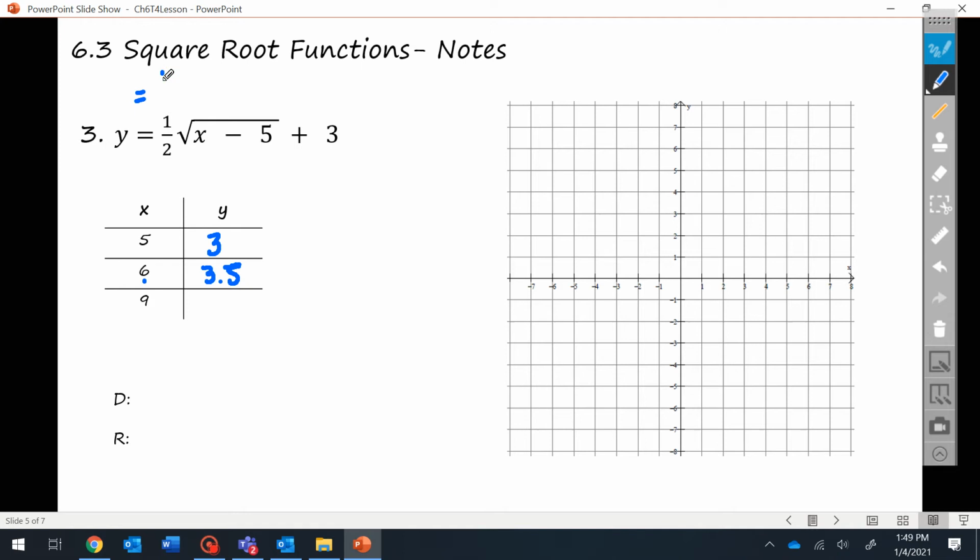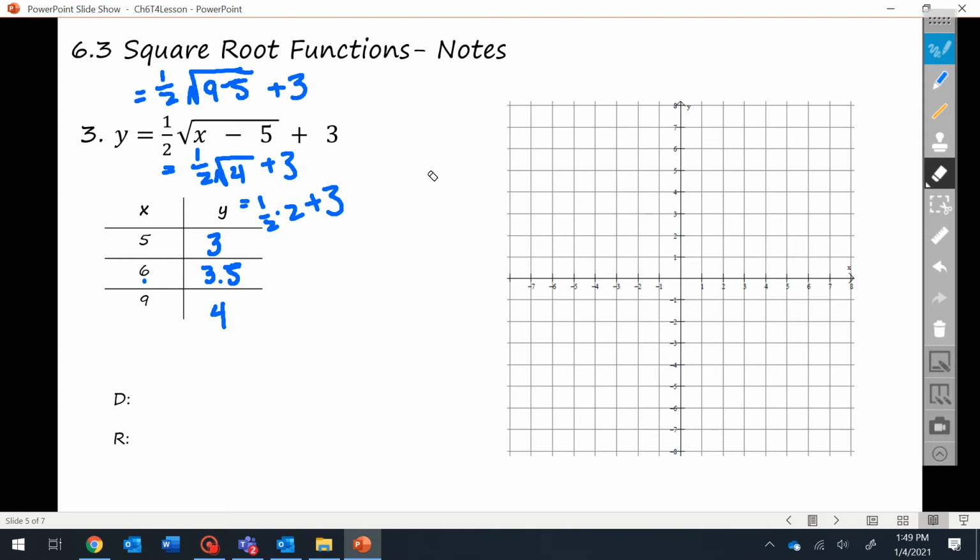I'm plugging in 9 for x. 9 minus 5 is 4, and the square root of 4 is 2, so it's 1/2 times 2 plus 3. Half of 2 is 1, 1 plus 3 is 4. So the next ordered pair would be 9 comma 4.